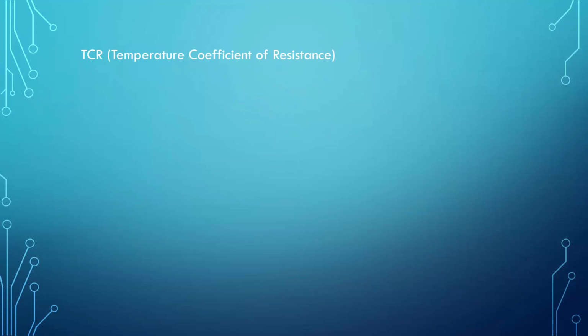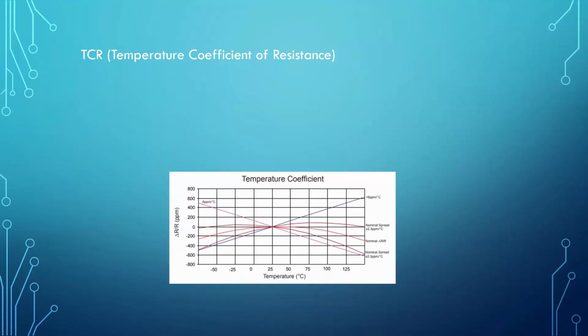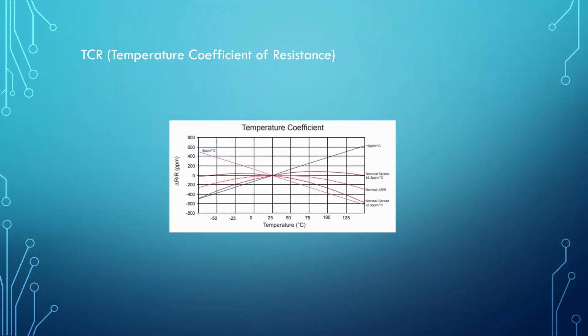In the next part, we're gonna talk about the TCR parameter in resistors. A resistor's TCR, or temperature coefficient of resistance, tells how much its value changes as its temperature changes. It is usually expressed in ppm, or parts per million, per degree centigrade units.